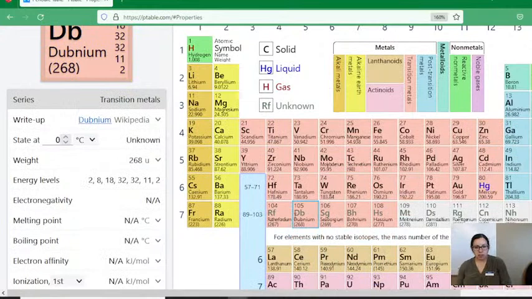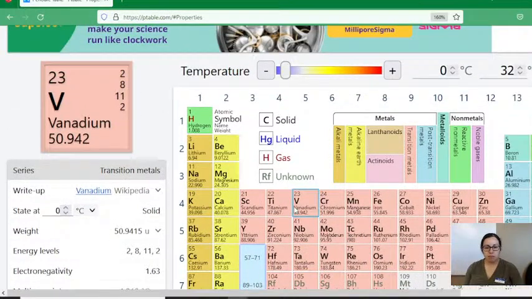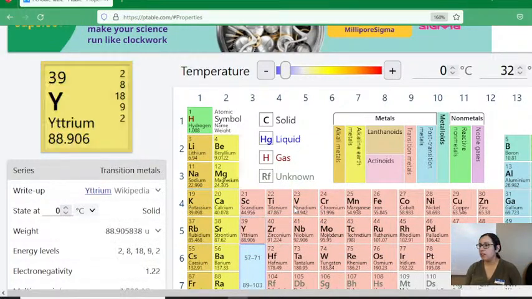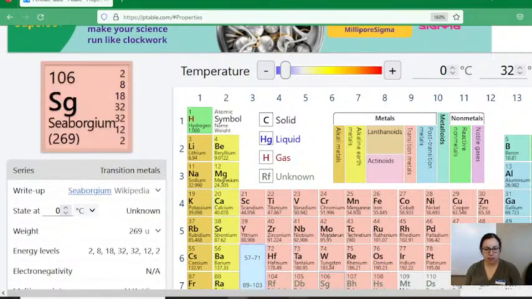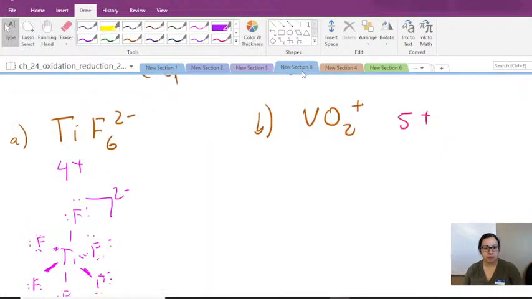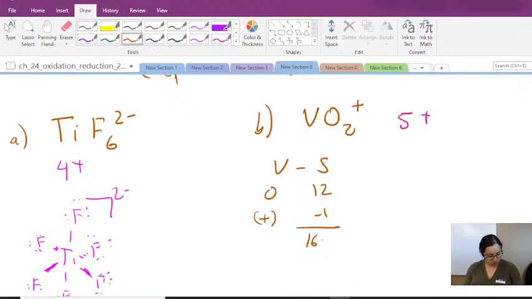So vanadium here has 5 total electrons, from the 4s and then the 3d. So it brings 5 to the party. Each oxygen brings 6, so times 2 is 12. But then with that plus charge, you have to subtract an electron. And so that should get you to 16 total in there.